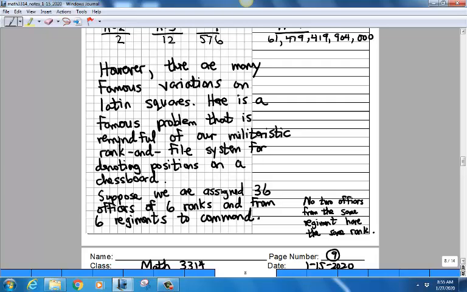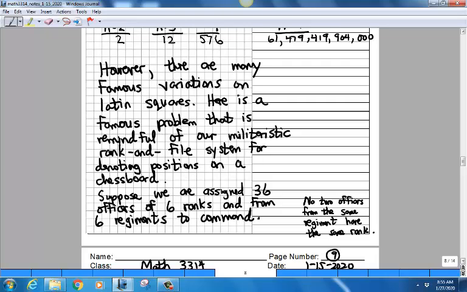So here is Euler's question. It doesn't start off as a Latin square question, but we'll rearrange it as one. Suppose we have 36 officers. This is going to be a very military type statement of a problem. So we've got 36 officers, drawn from 6 different ranks and from 6 regiments.